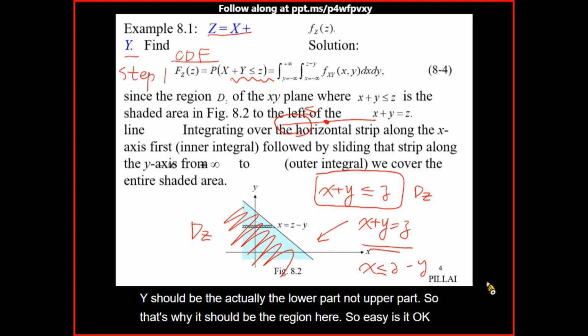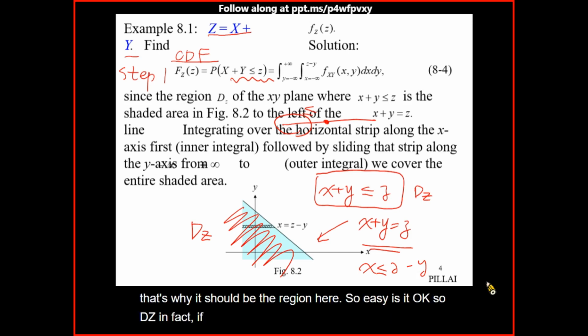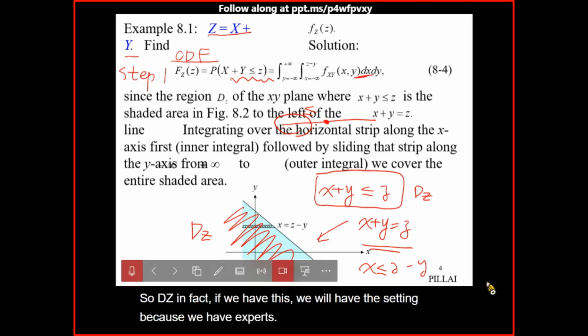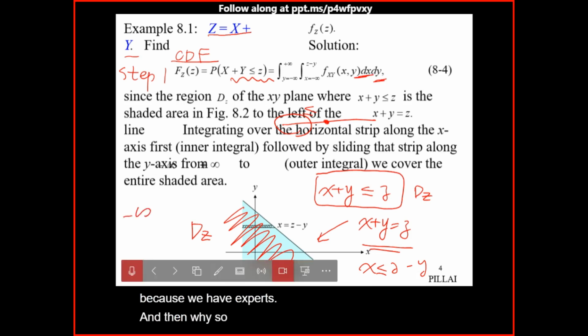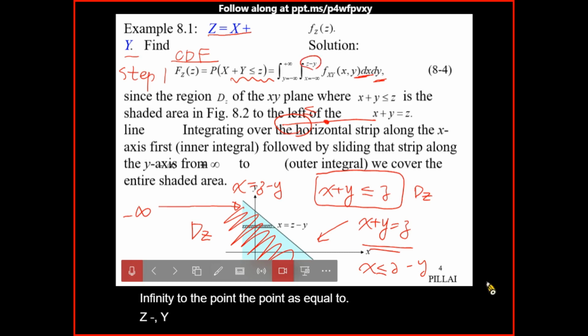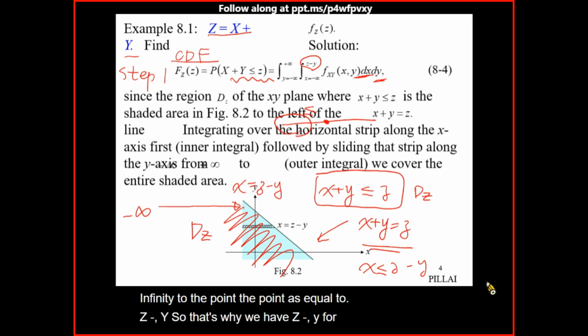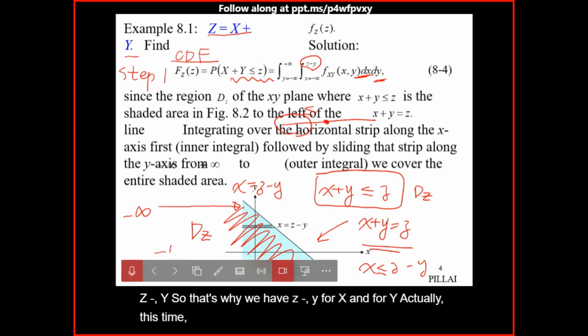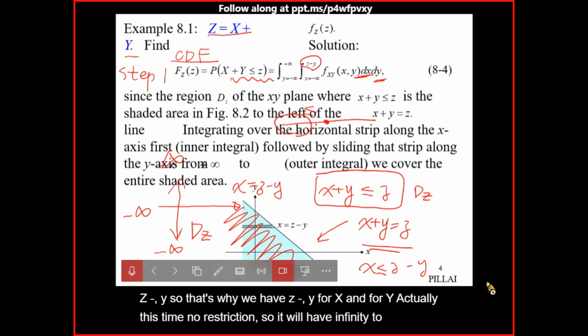So, because we have X first and then Y, X goes from negative infinity to the point X equal to Z minus Y. That's why we have Z minus Y for X. And for Y, this time there is no restriction, so we have negative infinity to positive infinity.